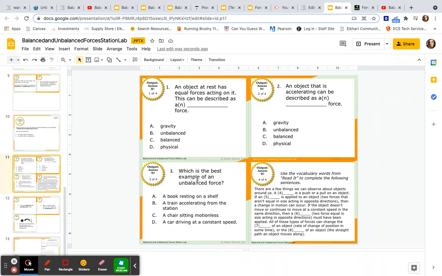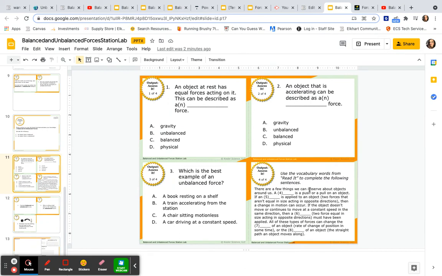Which is the best example of an unbalanced force? A book resting on a shelf, a train accelerating from the station, a chair sitting motionless, or a car driving at a constant speed. Use the vocabulary words from the Read It slide and answer these questions.